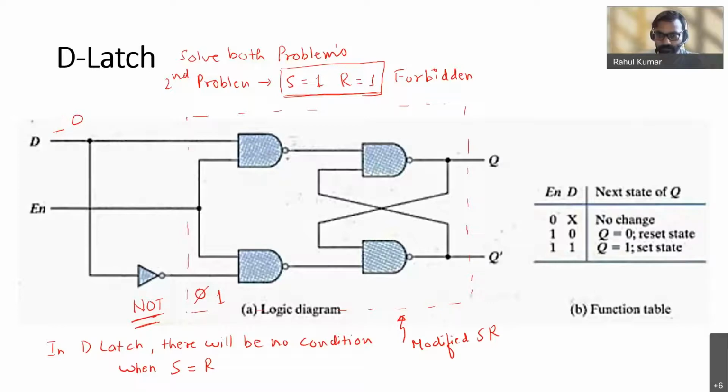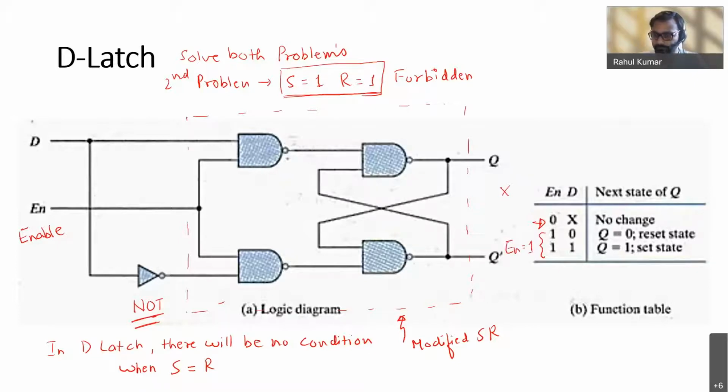So let's quickly go through the working or this truth table. Now instead of the C input, we are calling it the enable input, right? So if the enable input is 0, then you cannot change the output. Okay, so no change in the output. Your output will change only when the enable pin is 1.